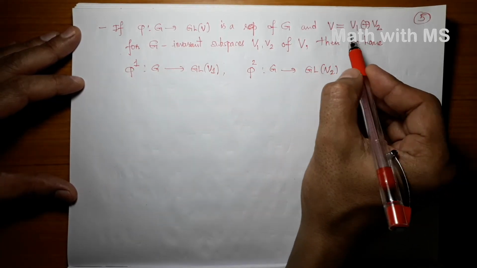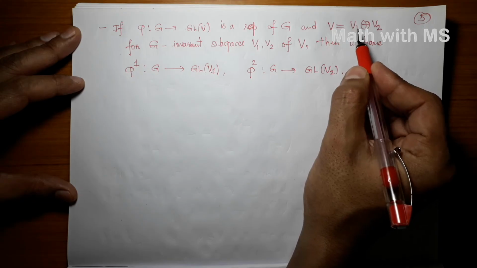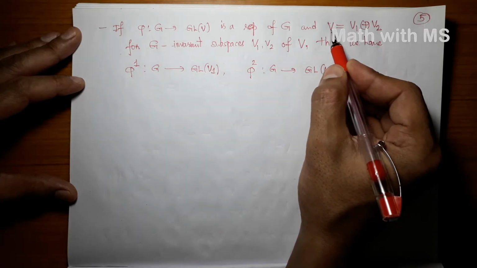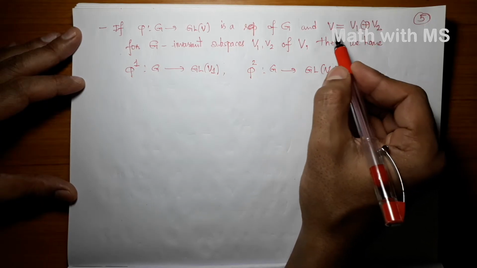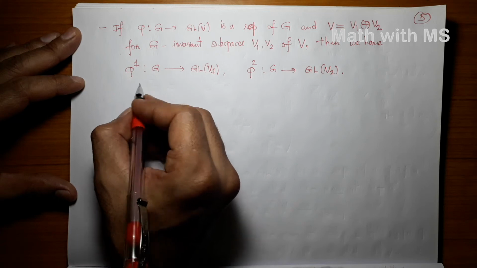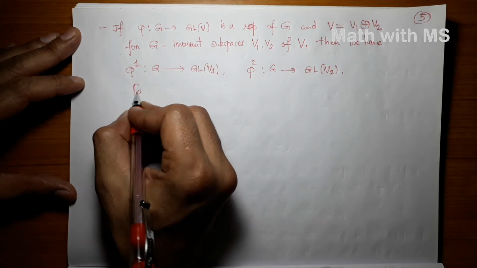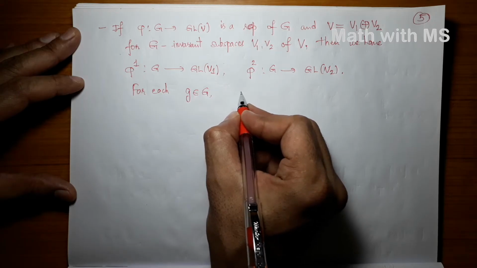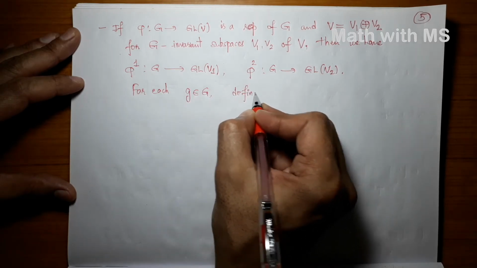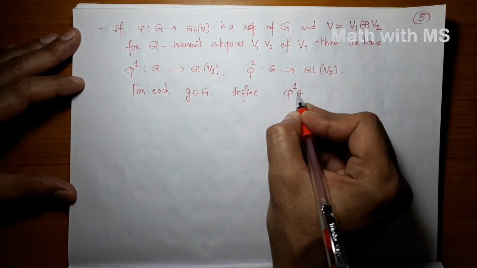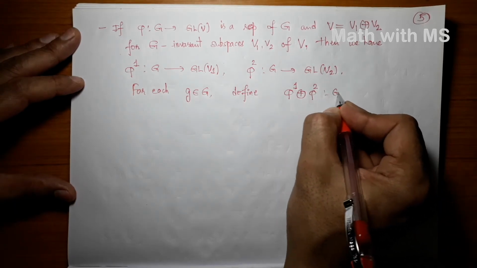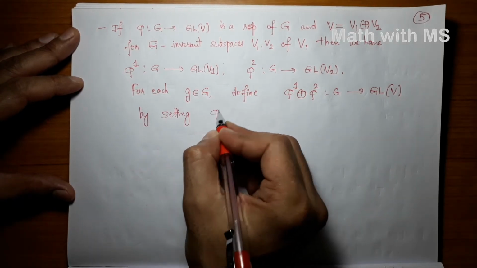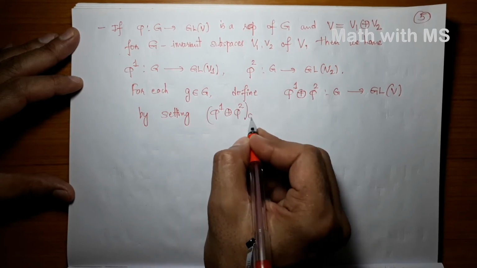Now you see that you can take a basis of the subspace V1 and a basis of the subspace V2, and since it's a direct sum, the union will form a basis of V, and the dimension of V1 plus the dimension of V2 is the same as the dimension of V. So one can easily see that for each g in the group G, in terms of matrices, we can define phi 1 direct sum phi 2 from G to GL of V by setting phi 1 direct sum phi 2 acting on a group element g.